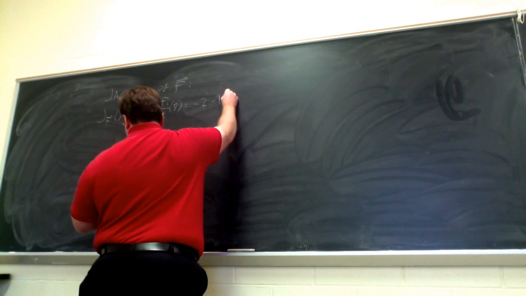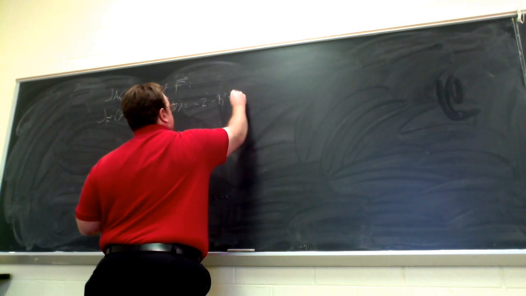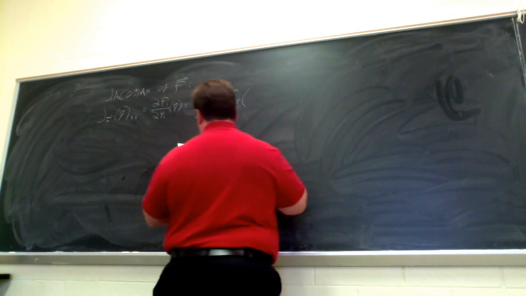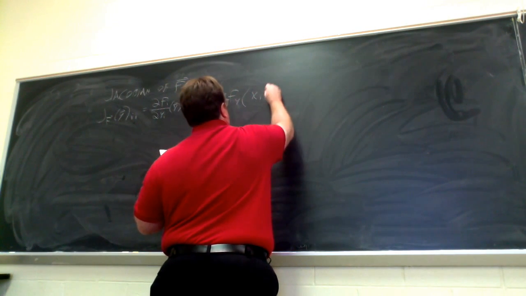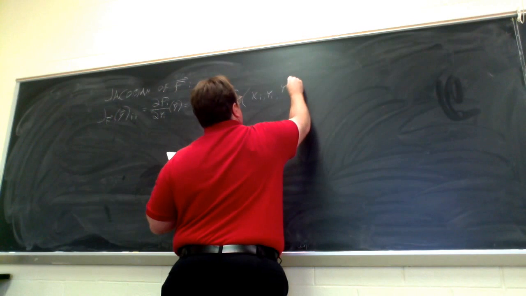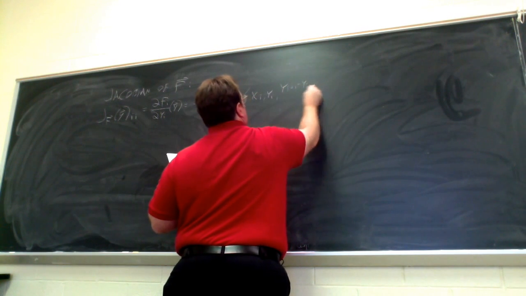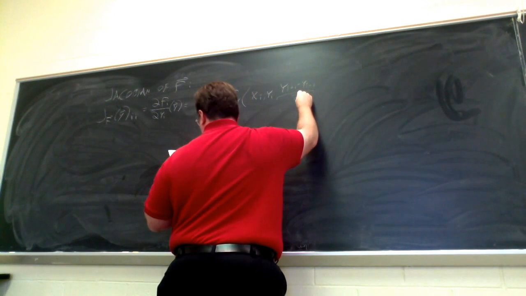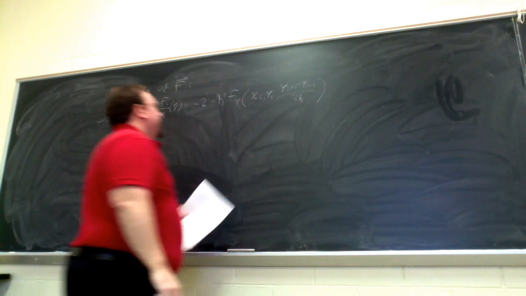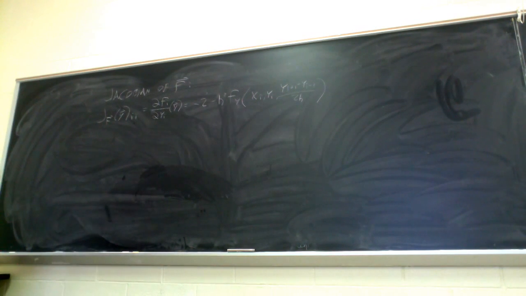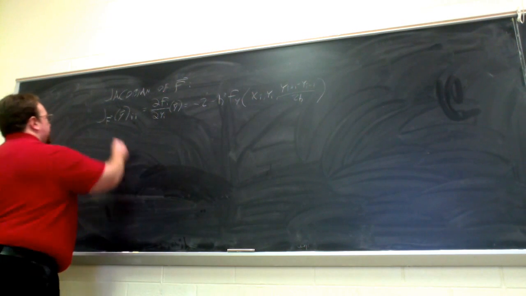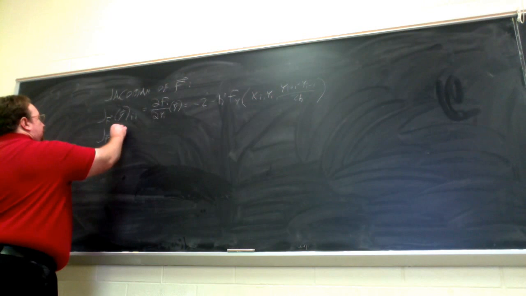And then we have minus h squared df dy, and you'll plug in the same values, xi, yi, over 2h. All the other terms have derivatives of 0. So that's the diagonal.